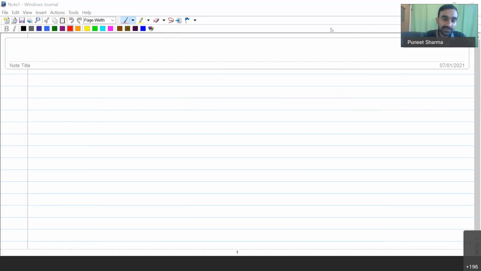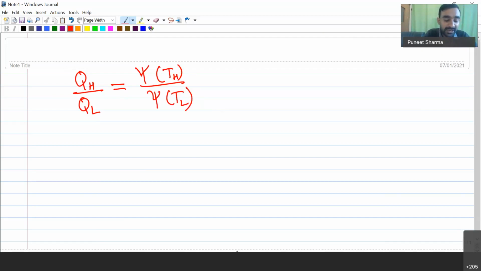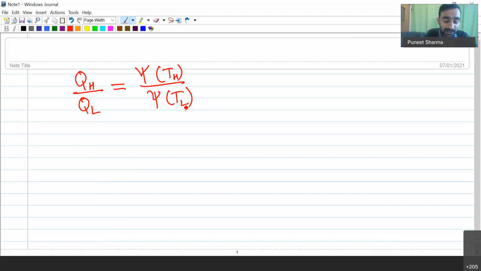While defining it, we came up with the idea that the ratio of the heat transfer from the reservoir, that is QH divided by QL, is nothing but equal to psi of TH divided by psi of TL. Then I told you that we may have multiple arbitrary combinations for psi of TH and psi of TL which will satisfy this particular formulation.